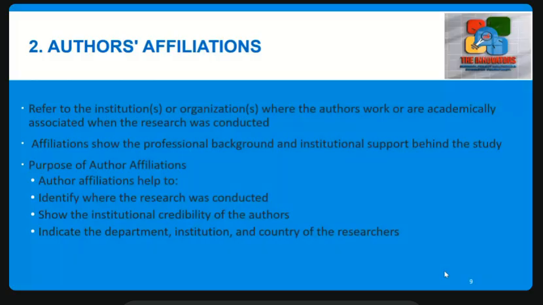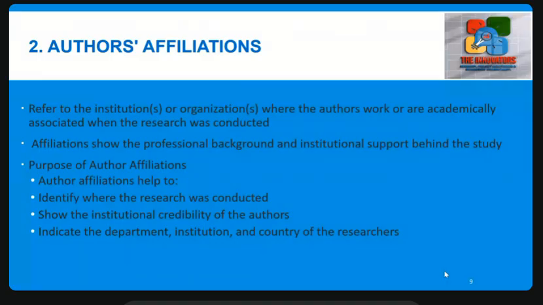Why include author affiliation in an abstract? It identifies where the research was conducted, and it shows the institutional credibility of the author. Take an example: you are conducting a study and you include a reputable academic institution or another institution from the country, like MOAS, like NIMLI, like the Ministry of Health.